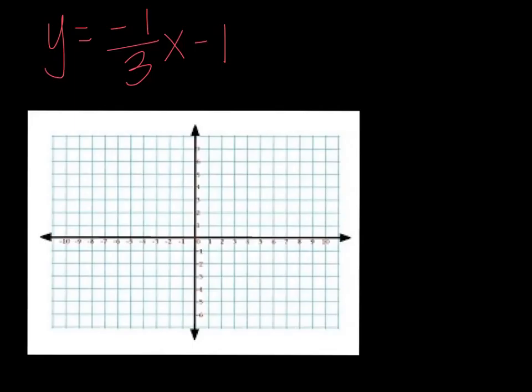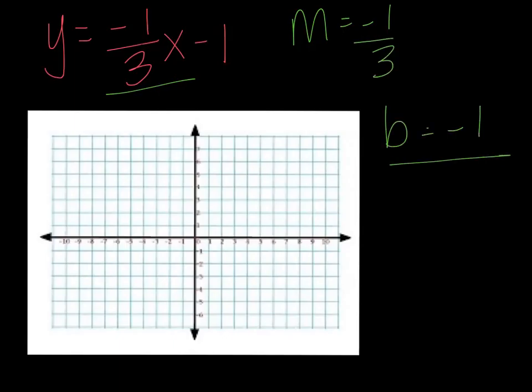Now let's look at an equation where we have a negative fraction for our slope. So our m is going to be -1 over 3, and our b is going to be -1. So we'll start at -1, and this time we're going to go down 1 over 3. So we start at -1, we go down 1 over 3, down 1 over 3, down 1 over 3.